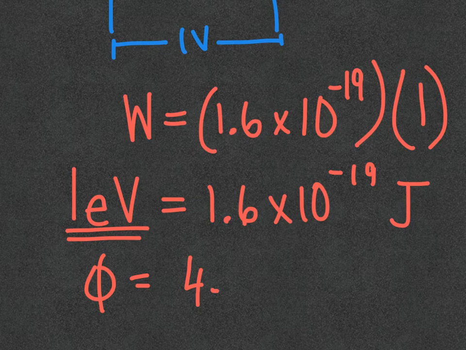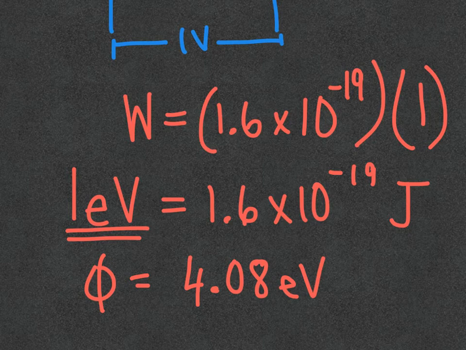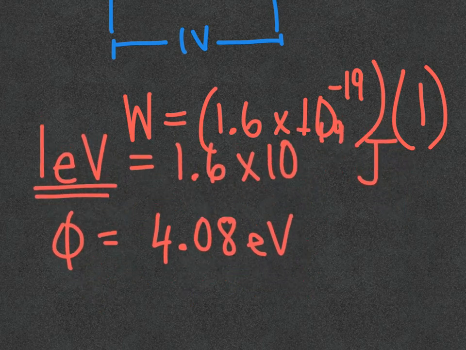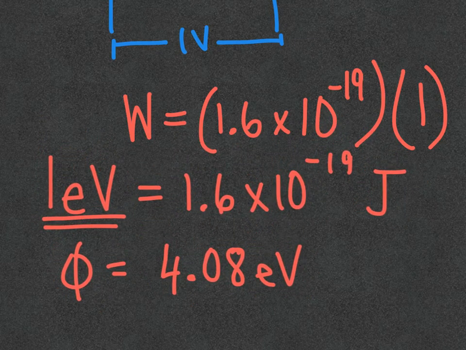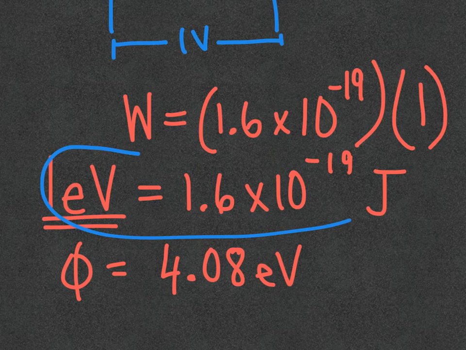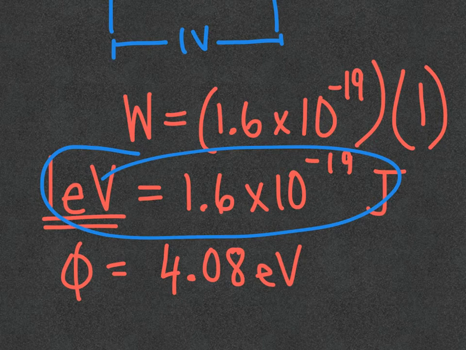We could write that it takes 4.08 electron volts worth of energy just to break the electrons free from the metal. And you could convert that into joules by just using this simple conversion over here. You can see there'd be a very tiny amount of joules needed, but it makes more sense to write it in electron volts. So the bottom line is, an electron volt is a measure of energy.